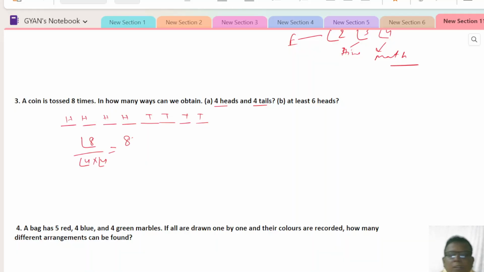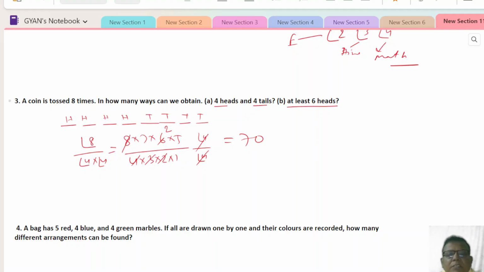That is equal to 8 into 7 into 6 into 5 divided by 4 into 3 into 2 into 1. Factorial 4 by factorial 4 gets cancelled. So it is equal to 70.